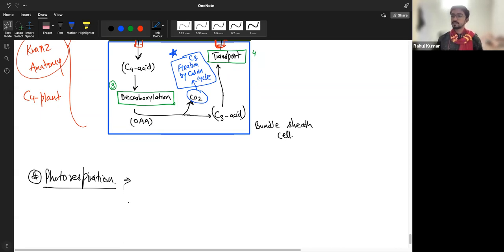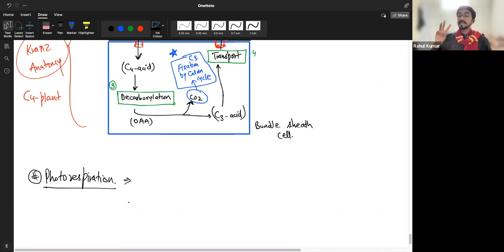And write down, in photorespiration there is no sugar synthesis, no ATP synthesis, no NADPH synthesis. So nothing is synthesized, but on the top there is expenditure.